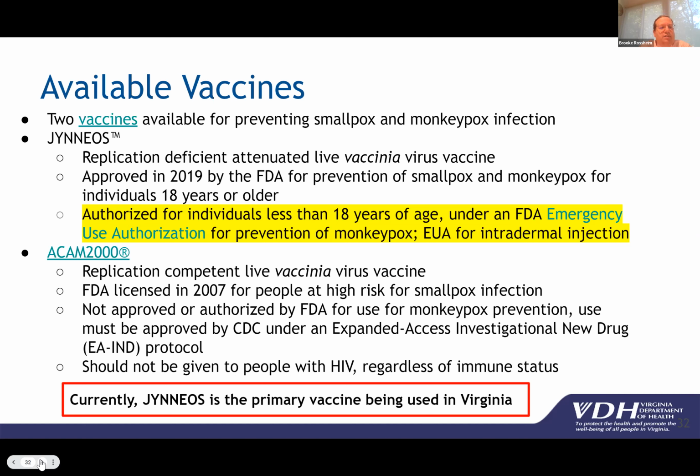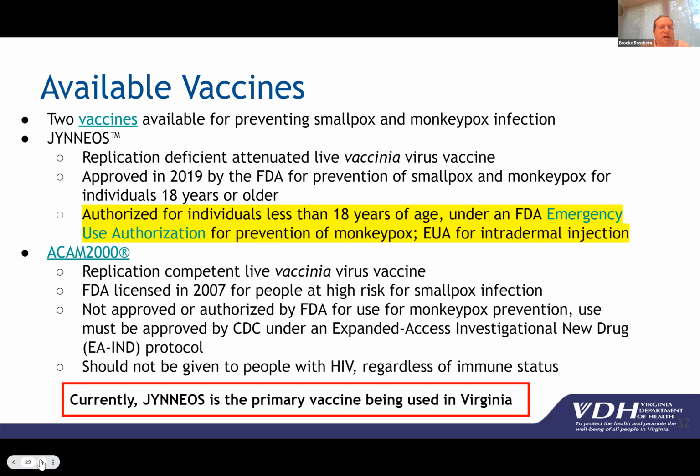The first is Jynneos, and that is how that is pronounced. This is a live attenuated vaccinia virus vaccine that is replication deficient. It is not capable of replication. And what we're using here is essentially cross immunity.